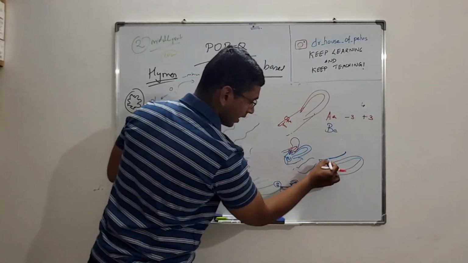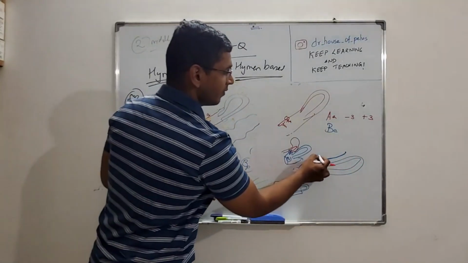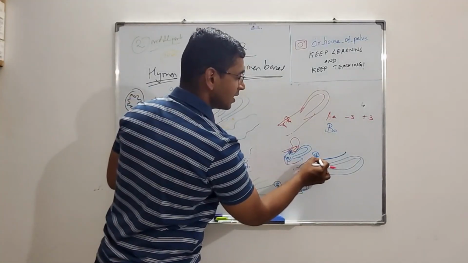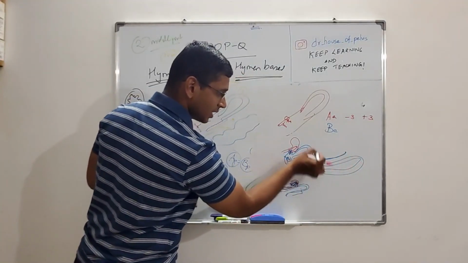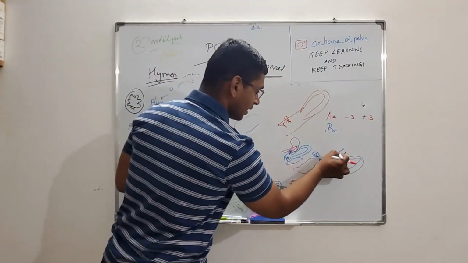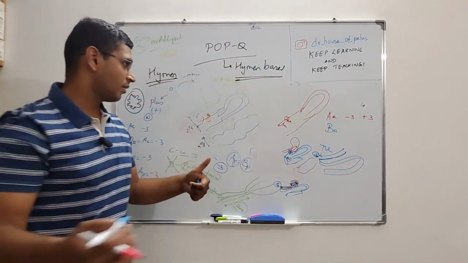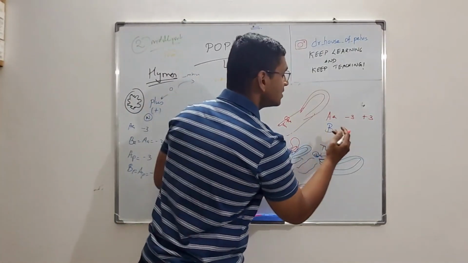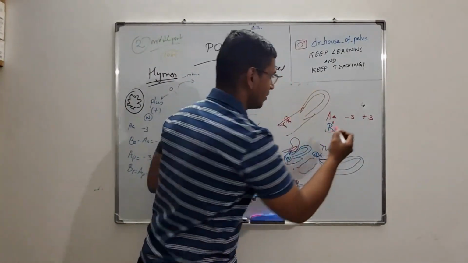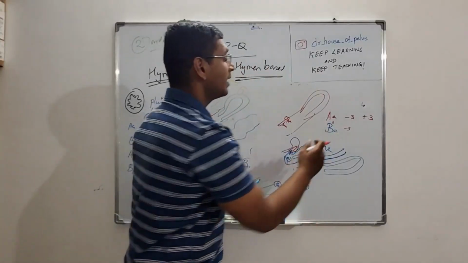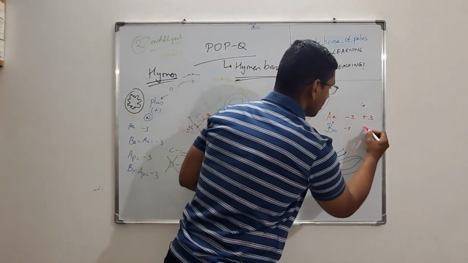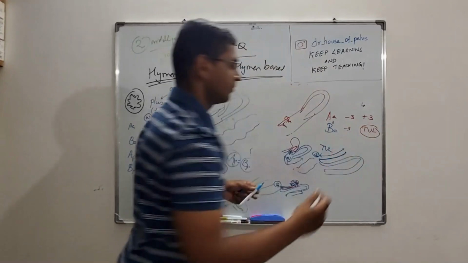So this entire length of vagina will be the length of BA, because it's a length from the external meatus to the most dependent point. The length will be total vaginal length. Am I wrong? Great. So BA is usually equal to AA, which will be -3 normally, and it can have a maximum length of total vaginal length.